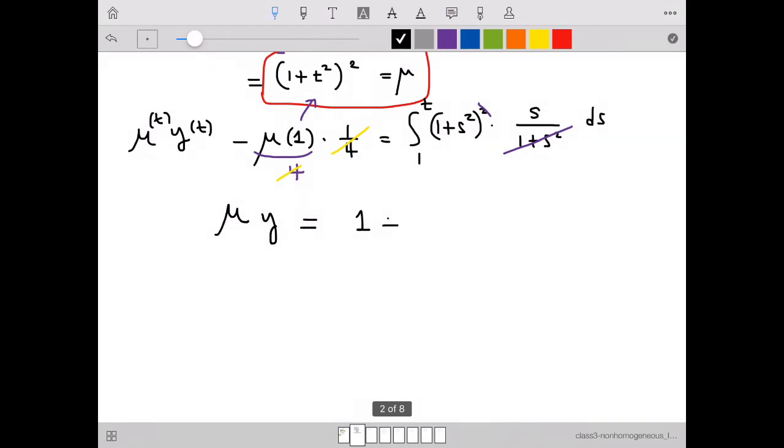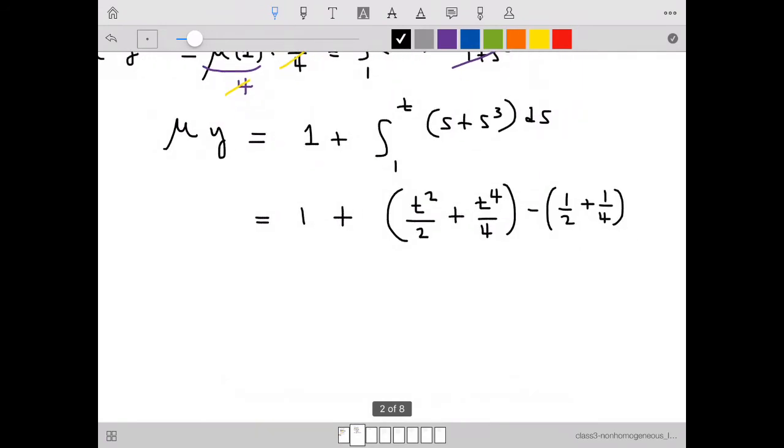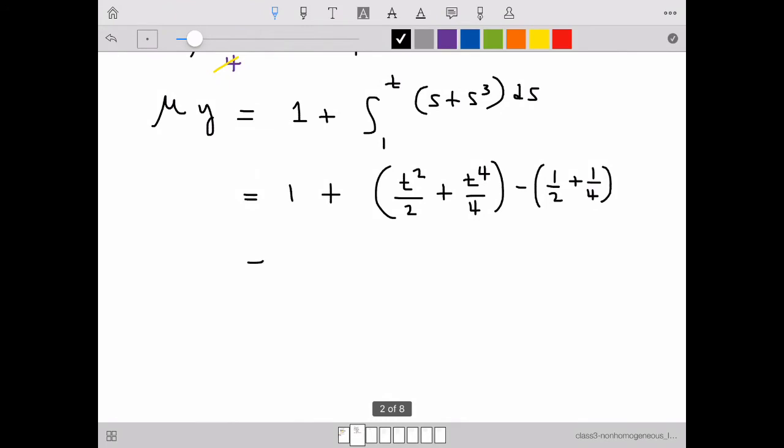So 1 plus the integral from 1 to t of s plus s cubed ds, which is 1 plus t squared over 2 plus t to the 4th over 4 minus 1 over 2 plus 1 over 4, which is equal to t squared over 2 plus t to the 4th over 4 plus, and I have 1 minus a half, which is 1/2 minus 1/4.